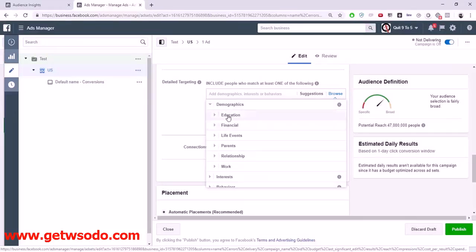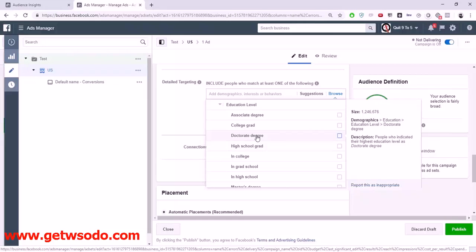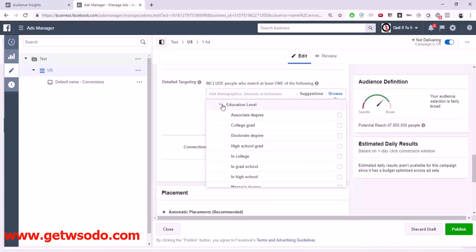Now if we go to browse, you can see demographics here. Demographics is something that you put about yourself on your Facebook page. So if you go education level, doctorate degree, these are people that have voluntarily put into their Facebook page that they have a doctorate degree level education. They've actually input that when creating their Facebook page. So people classify themselves to Facebook, and that's what demographics is.